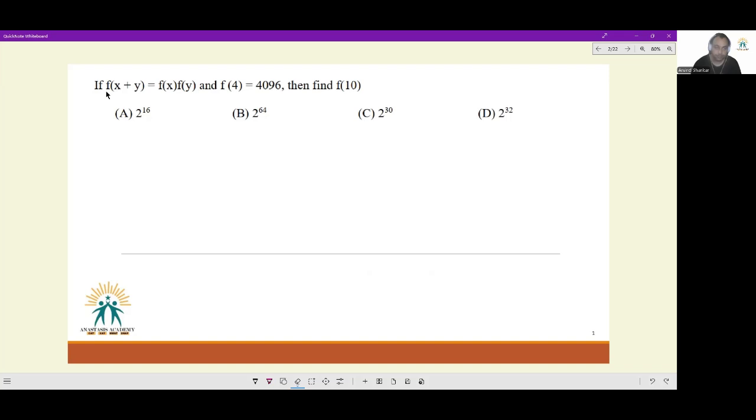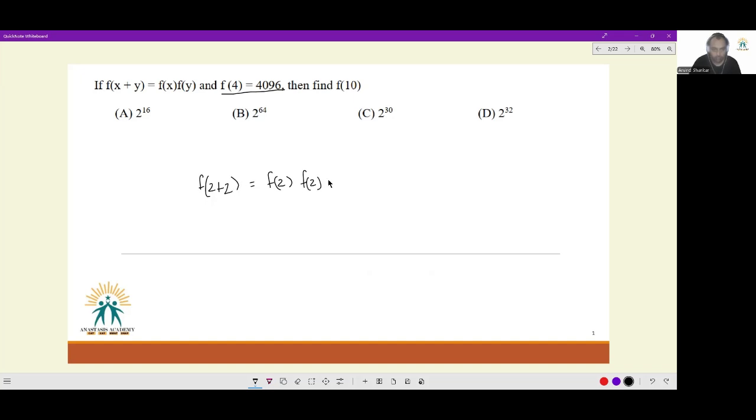First question: if f(x plus y) is equal to f(x) into f(y), and f(4) is equal to 4096, then find f(10). This is fine. What we can do is break this down as f(2 plus 2) is equal to f(2) into f(2).